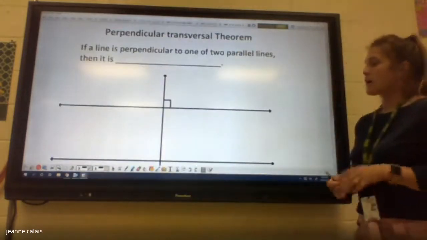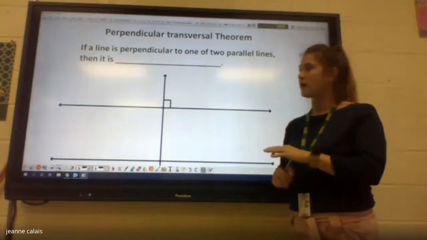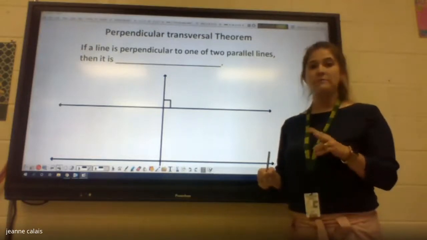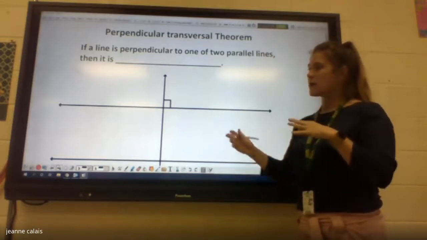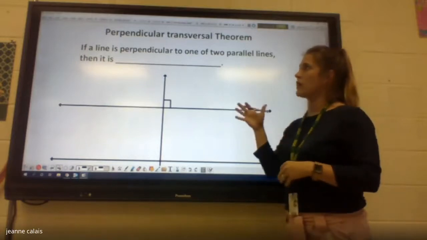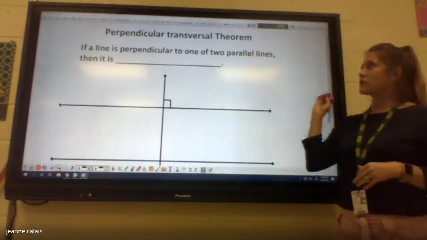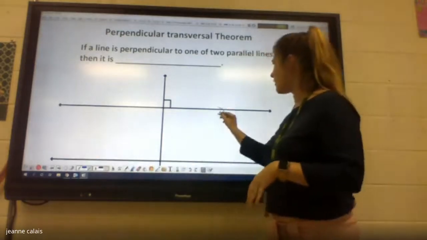All right, I kind of mentioned this when we were reviewing for the chapter 2 exam on Monday. As I was reviewing, I said we're going to talk about this again in chapter 3, and this is what I was talking about. Perpendicular transversal theorem. You are told that you have two parallel lines.